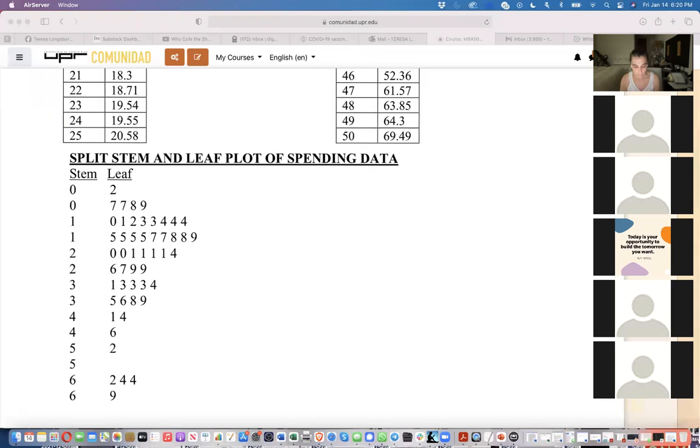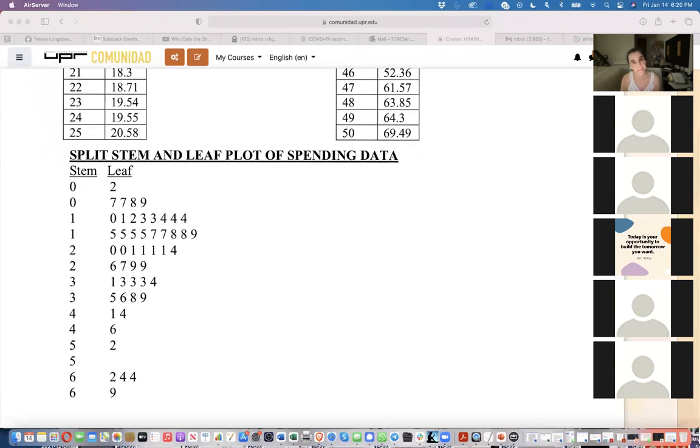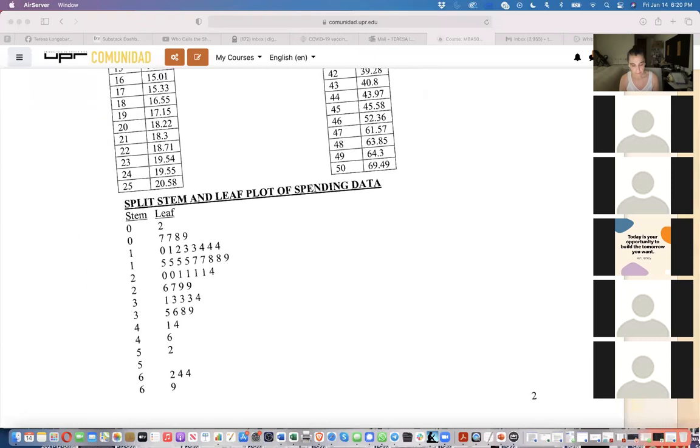So what I want you to do is first tell me how I made this graph, or account for this graph, how it was made, and then we'll talk about what it means, all right? So let's see.